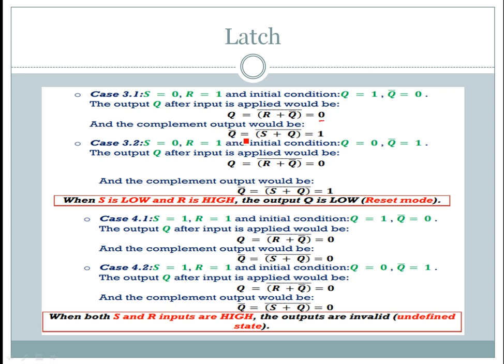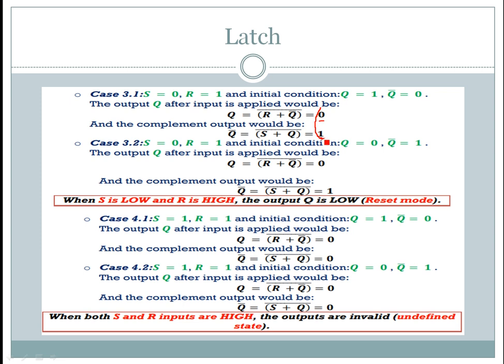And the complement output Q bar equals 1 because S is 0 now and Q is 0, so 0 plus 0 whole bar is 1. Same thing for initial condition Q equal to 0 and Q bar equal to 1: you will get Q equal to 0 and Q bar equal to 1.